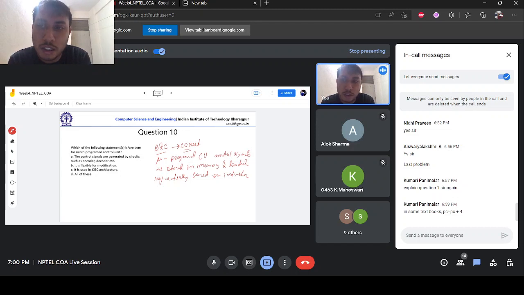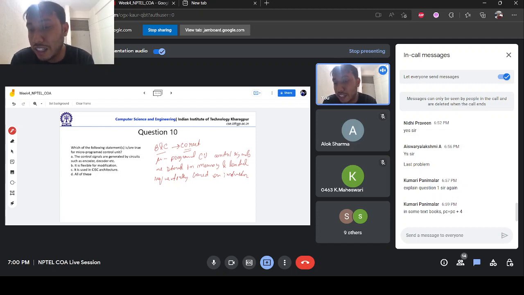Suppose the instruction is 32-bit long. If it is 32, it will be 4 bytes, so in that case it will be 4. So it all depends on the size of the instruction; it is not constant.